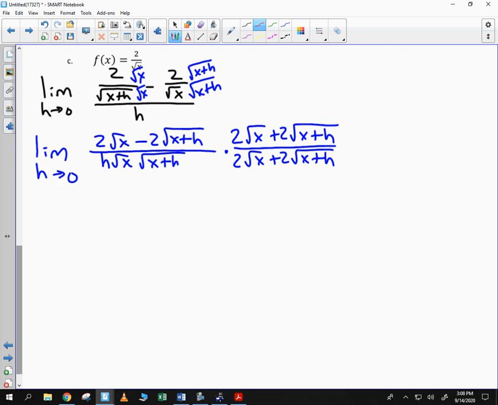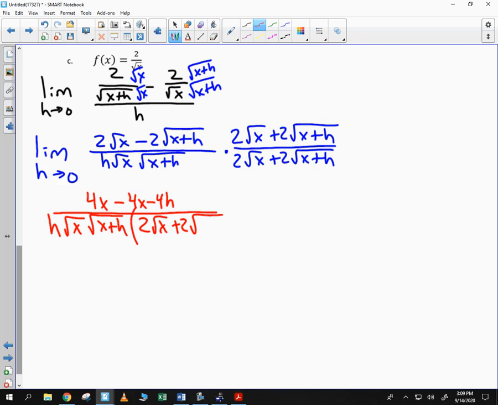Two times 2 is 4 minus 4x minus 4h when you distribute that through over h, roots of x plus h times this quantity in the bottom, 2 roots of x plus 2 roots of x plus h.